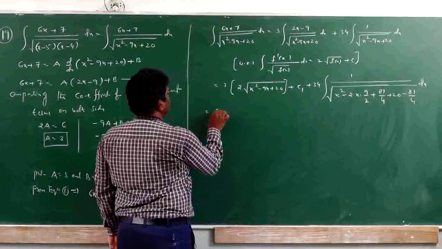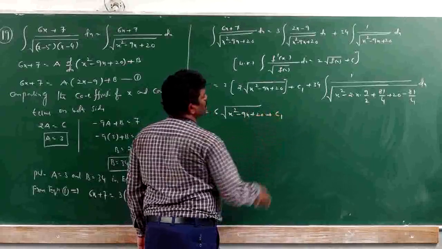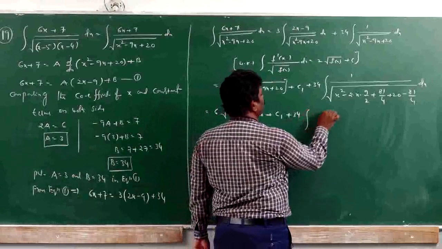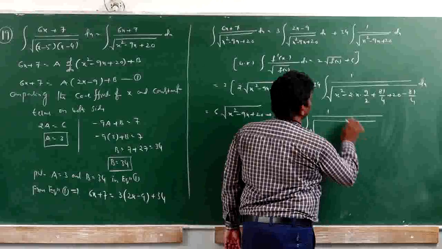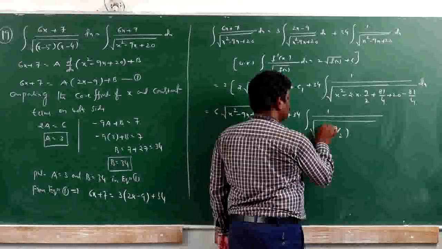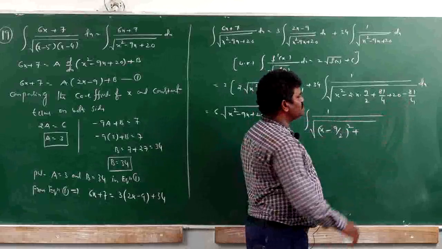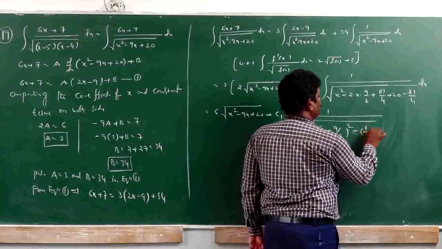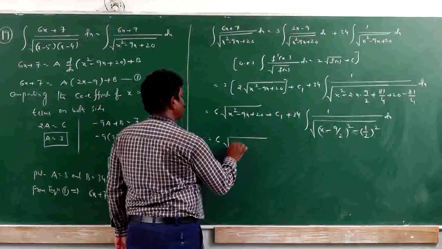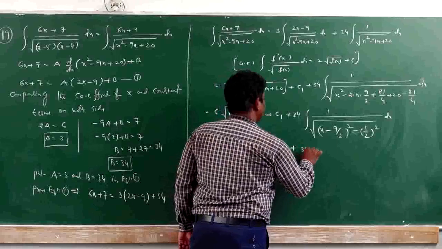That is equal to 6 square root of x squared minus 9x plus 20 plus c1 plus 34 integral of 1 by square root of this value, see first 3 terms, (x - 9/2) whole squared, plus this value 20 minus 81 by 4, that is minus 1 by 4, means (1/2) whole squared, dx, that is equal to 6 into square root of x squared minus 9x plus 20 plus c1 plus 34.